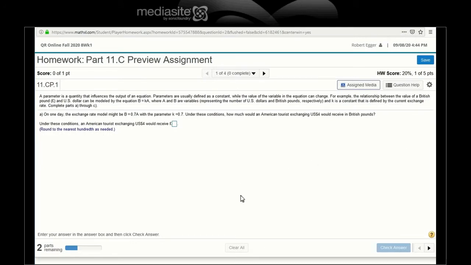So let's see. Here we are doing the money, British pounds and American dollars. Just remember, basically this says 0.7 pounds per every dollar.